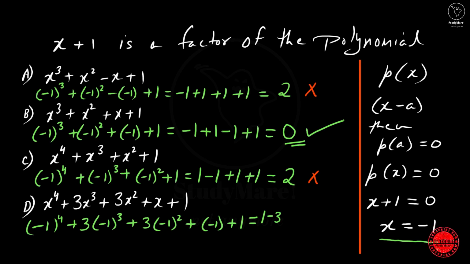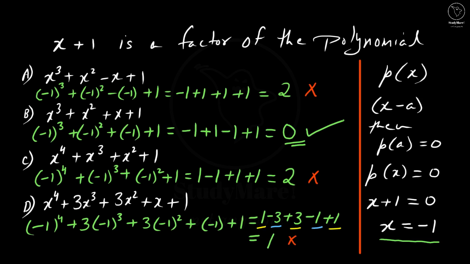(Minus 1) square is plus 1 into 3, we have plus 3. Plus into minus is minus, and we have 1, and then we have plus 1, which is equal to, here we have plus 1, plus 3 and plus 1. That gives us 3, 4, 5. And then we have minus 3 and minus 1, which gives us minus 4. So 5 minus 4 we get 1. You see, we are not getting any 0.